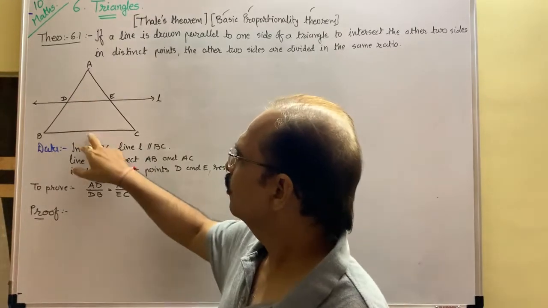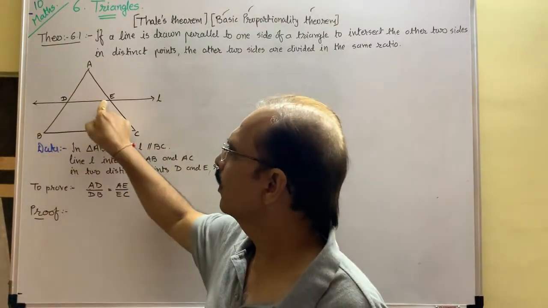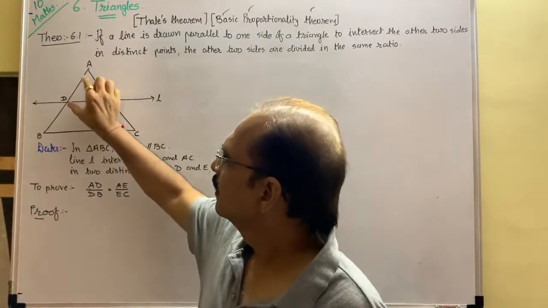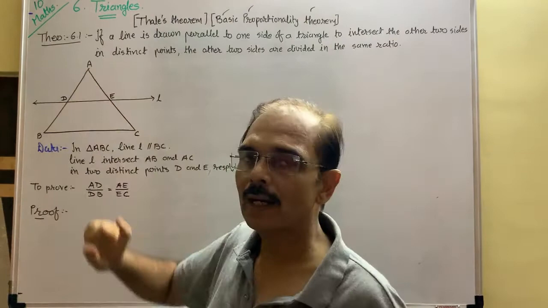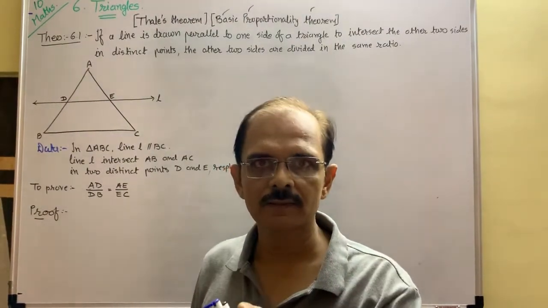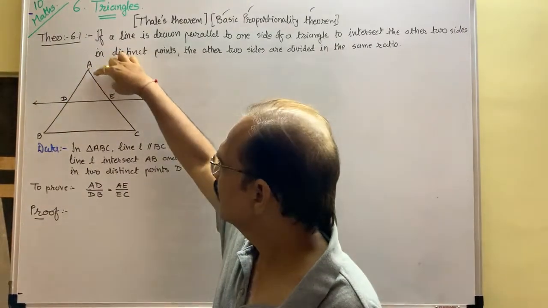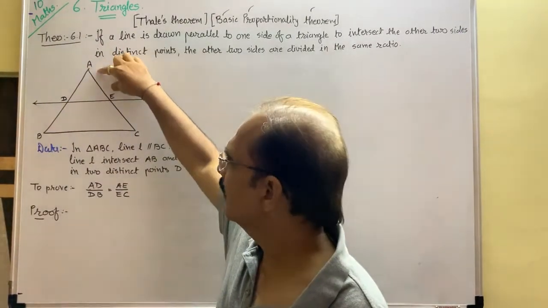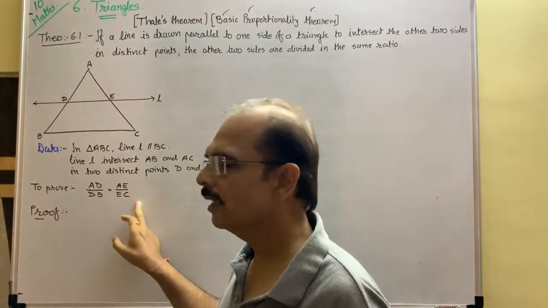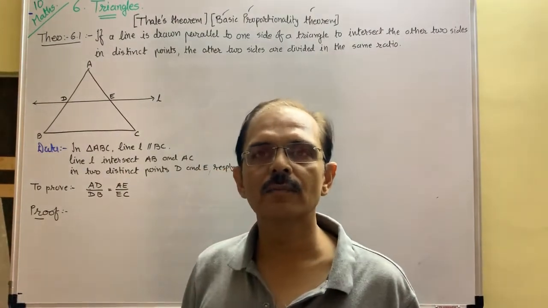If L is parallel to BC, then line L intersects AB and AC in two distinct points D and E. Because of this line L, AB is divided into two parts. Remember, two parts. It doesn't mean two equal parts. AD and BD are two parts. Here AC is divided into two parts, AE and EC. We want to prove that the parts which are divided are in the same ratio.